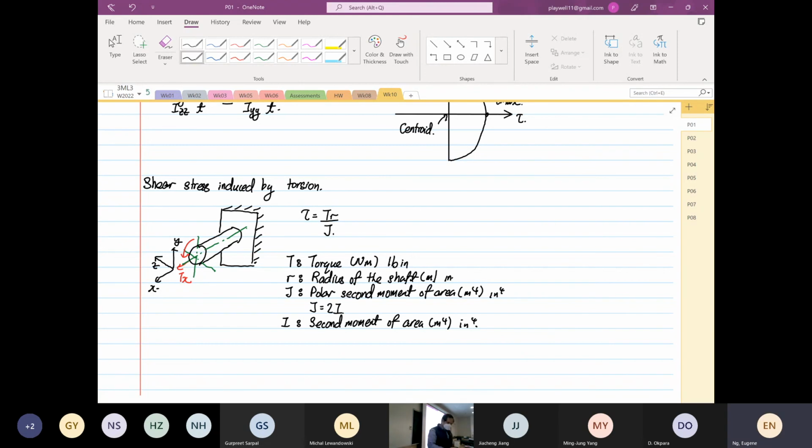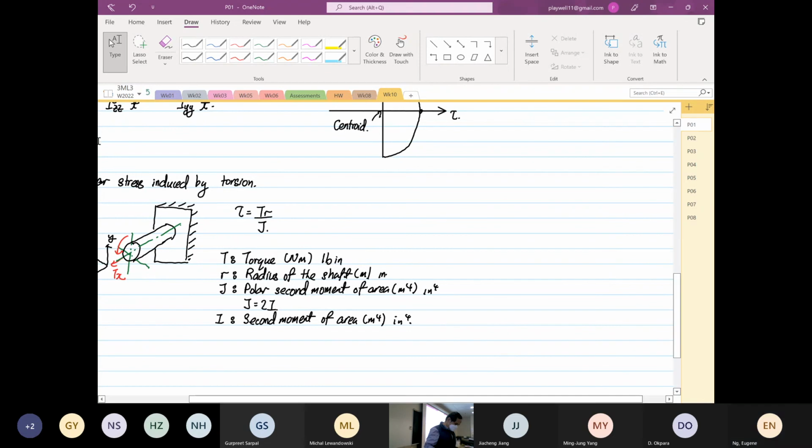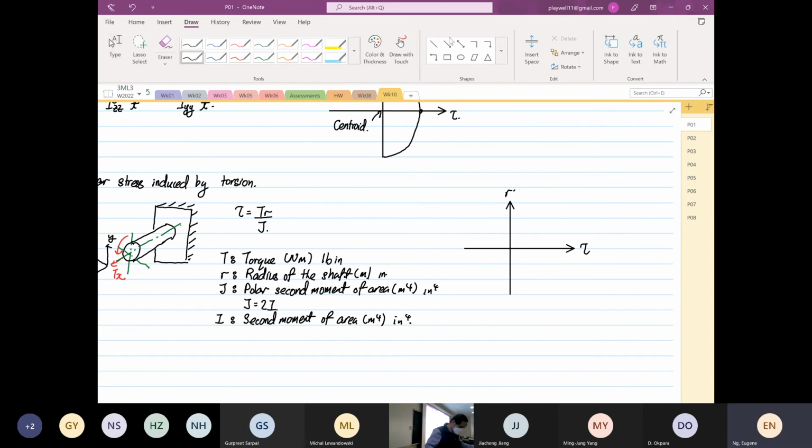If we look at the distribution, it looks like this. This is our shear stress and this is our radius. The shear stress is distributed this way.